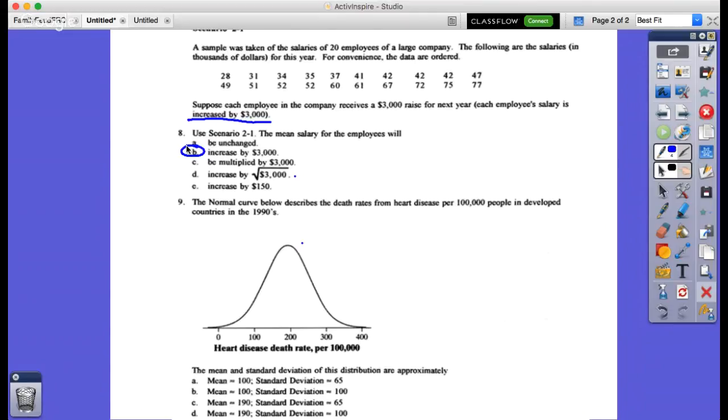Now, what would happen with the standard deviation? It would stay the same, right? Because the variability, the spreading out of the data, would remain the same. Just a heads up, this is maybe something you already know. What is variability? We say that word, but what is that? It's like the spreading out of data. What are some numbers that could be associated with variability?